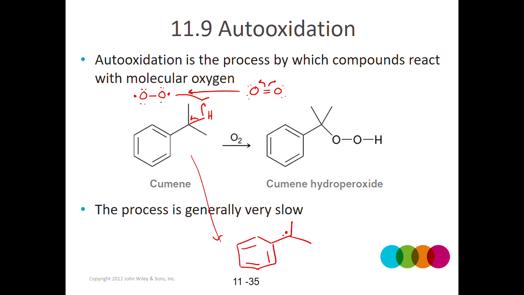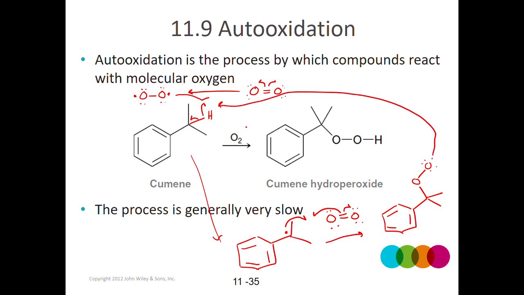And then that radical can then react with oxygen, whether it reacts with O2 or the diradical form, it can form a bond with oxygen. And then that oxygen can then pick off another hydrogen, and that can start a chain reaction.